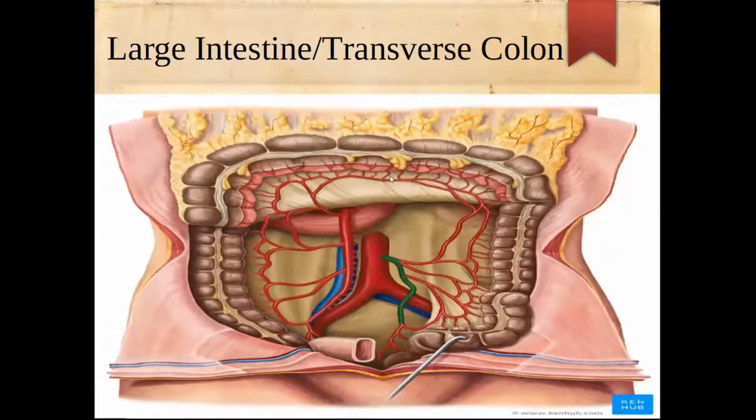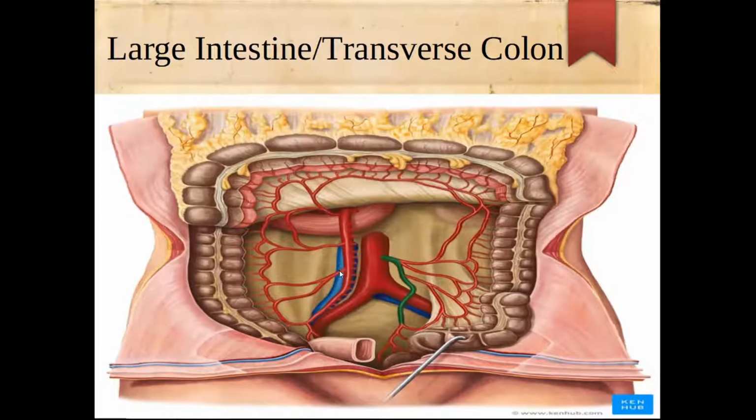Now the blood supply of the transverse colon. As you know from embryology, the midgut, from the cecum up to the proximal two thirds of the transverse colon, is supplied by the superior mesenteric artery.